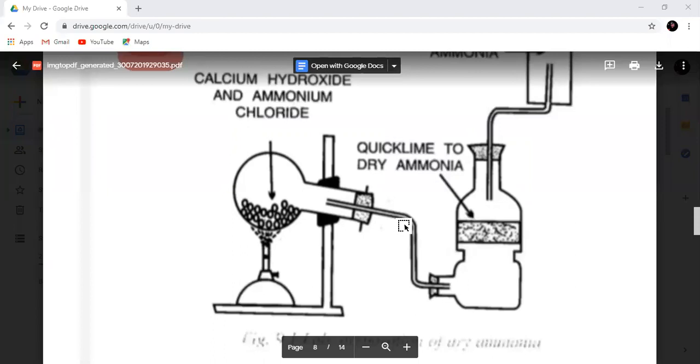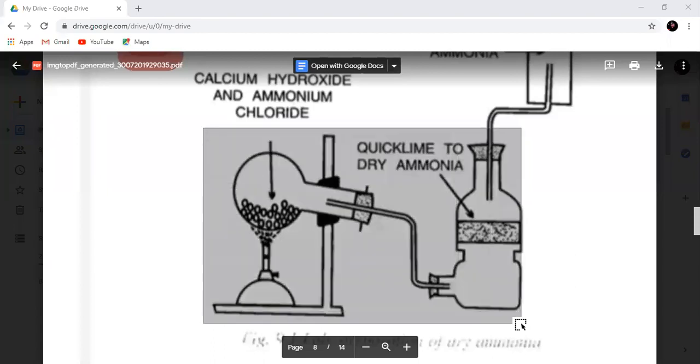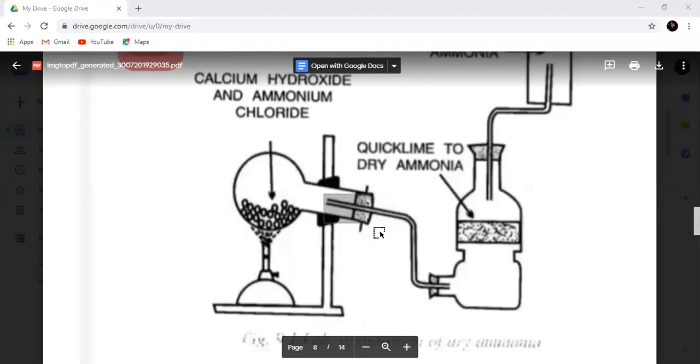A cork is attached here so that no leakage can occur. It is set up in a proper standing position. In between, the delivery tube is there, and the round bottom flask and the drying tower are connected through the delivery tube. What is happening in this? Here, the calcium hydroxide and ammonium chloride are being heated. When it is heated, the reaction starts.